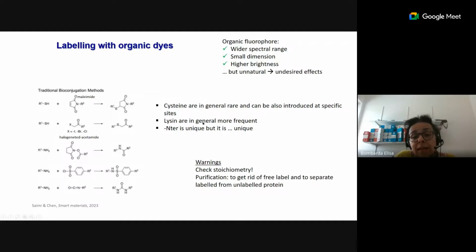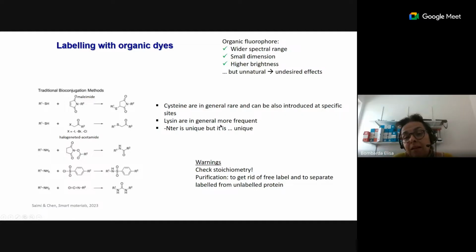A drawback is that lysine is more frequent than cysteine, so we have to be careful because of this. But amine can also be in the N-terminal group of a protein, which is unique, and that could be an advantage because you are sure where you put your label.